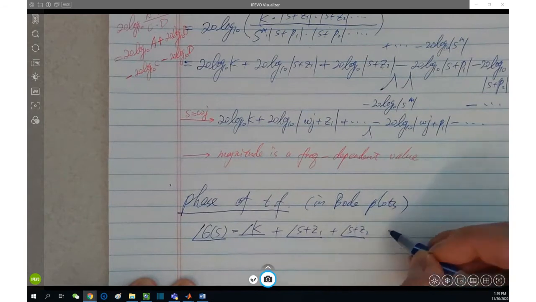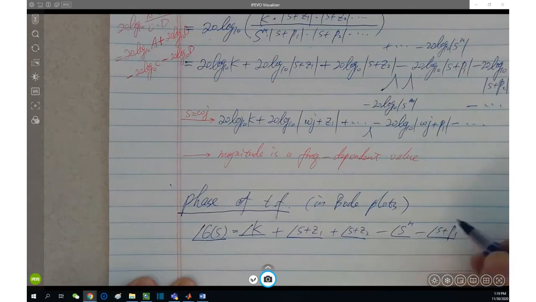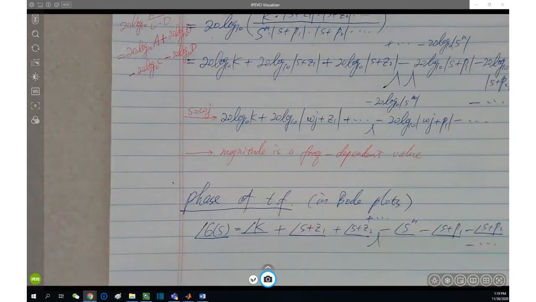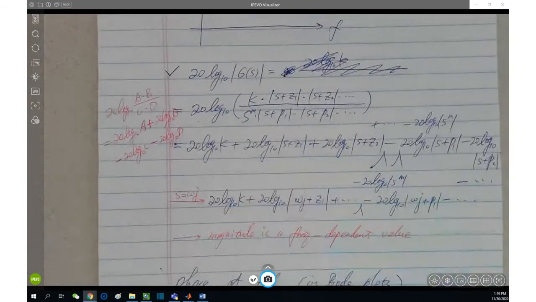You're looking for each term's phase angle. This is exactly what we did in module 6. The magnitude part is also similar to what we have done in module 6.